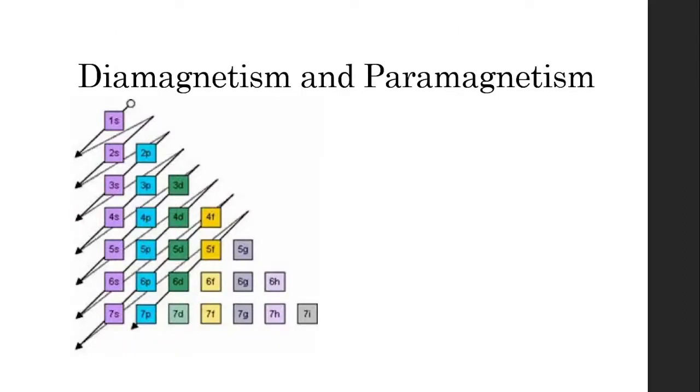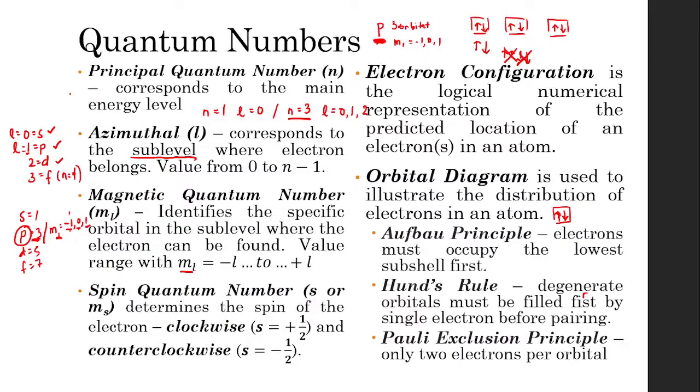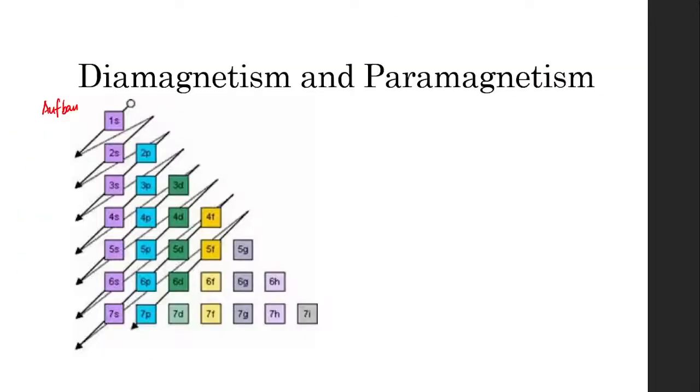So this is where we use the Aufbau principle. According to the Aufbau principle, the electrons must occupy the lowest subshell first. So when we are writing our electron configuration, we start with 1s, and then we go to 2s, and after that we go to 2p, and after 2p we move to 3s, 3p.